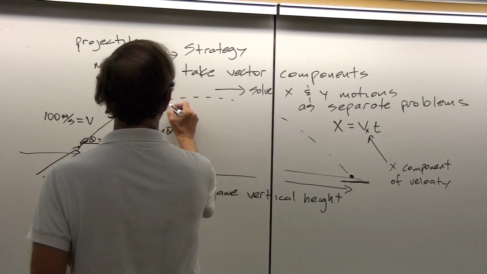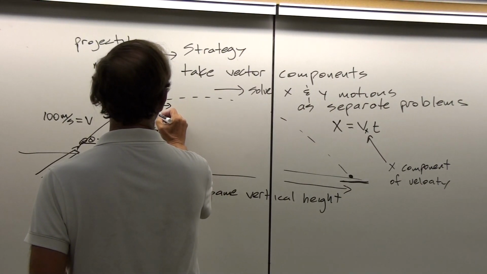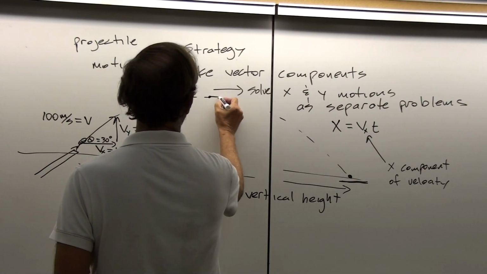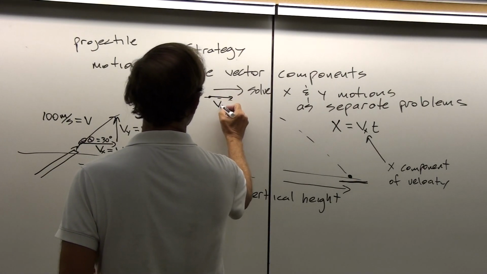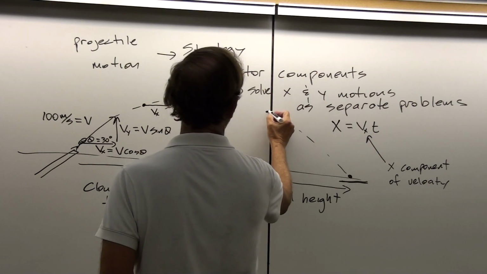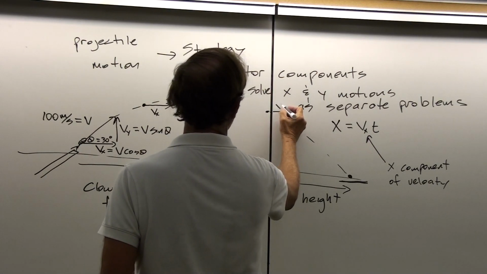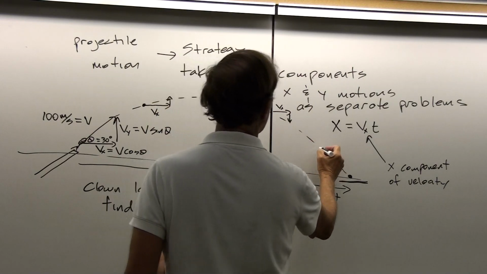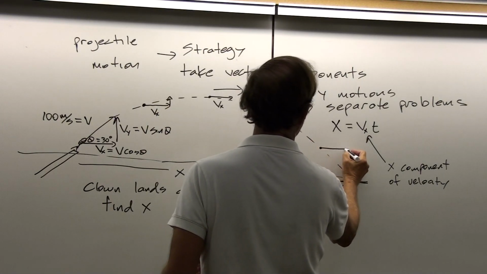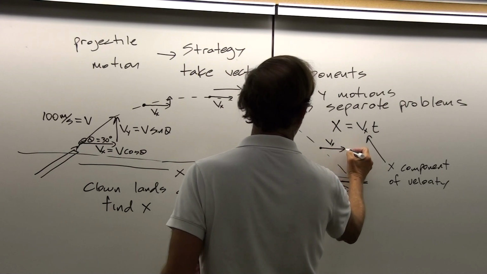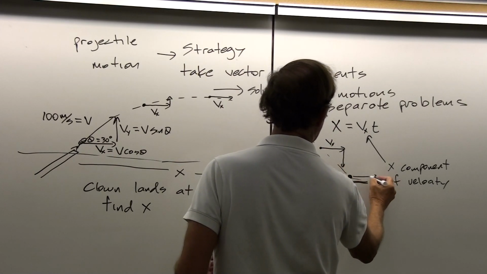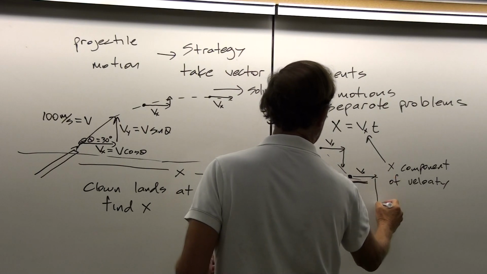So in other words, as the clown moves along, the y component gets smaller, but the x component remains constant because there's nothing to accelerate the clown in the x direction, except for air resistance, and we're going to neglect that here. So whatever we find for Vx, it's going to stay the same value all the way through.